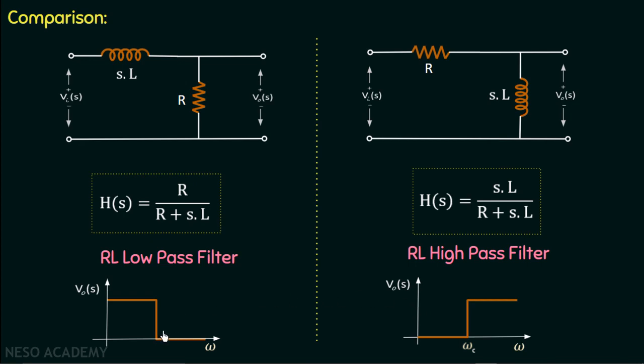Whereas the frequency at which the output voltage becomes 0 in case of low pass filter is called the critical frequency, and in case of RL low pass filter, it is the maximum frequency. In this way, the position of inductor plays an important role. If we measure the output across the inductor, it will behave as a high pass filter, and if we measure the output across the resistor, it will behave as a low pass filter.